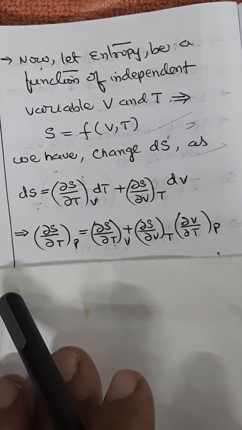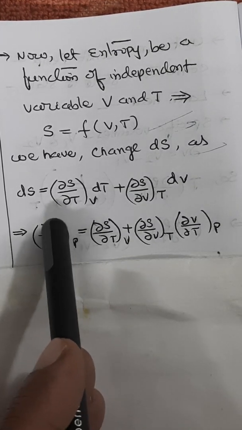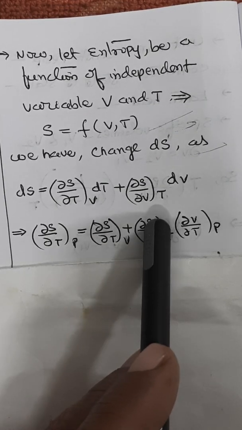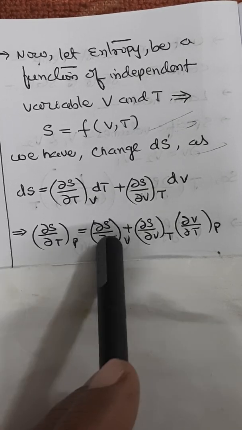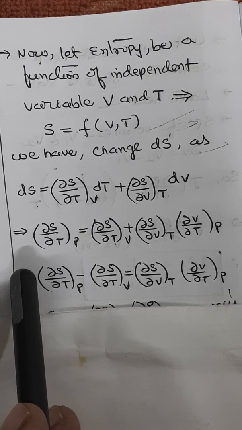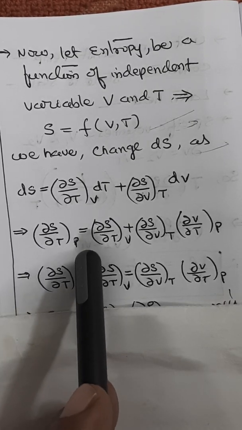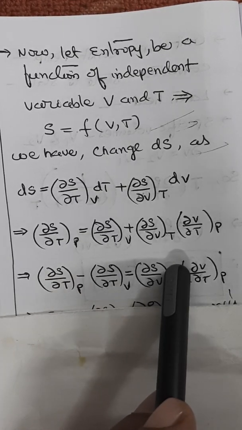Now we can modify this as ∂S by ∂T at P equal to ∂S by ∂T at V plus ∂S by ∂V at T into ∂V by ∂T at P. Now bring this ∂S by ∂T at V to the left side. Then that will become ∂S by ∂T at P minus ∂S by ∂T at V equal to ∂S by ∂V at T into ∂V by ∂T at P.